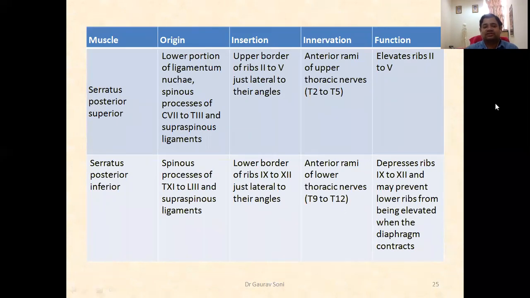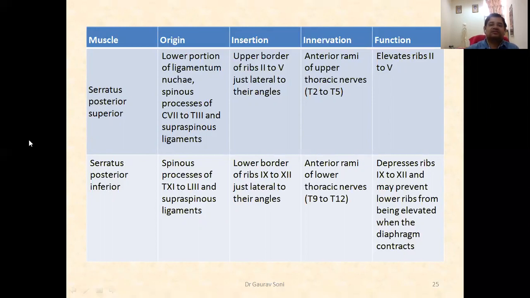Likewise, the serratus posterior inferior originates from spinous process of T11 to L3 and supraspinous ligament. It is inserted on the lower border of ribs 9 to 12. Nerve supply is anterior rami of lower thoracic nerves from T9 to T12 and it depresses ribs 9 to 12.